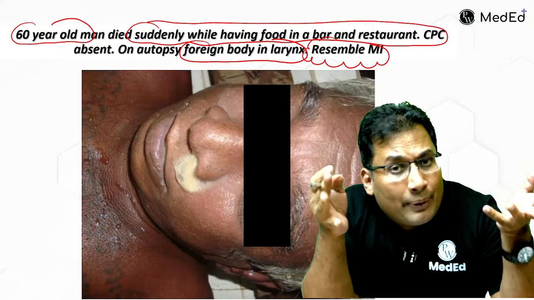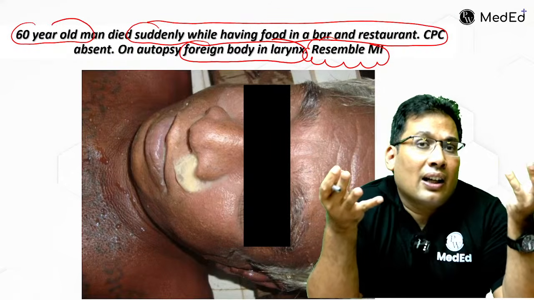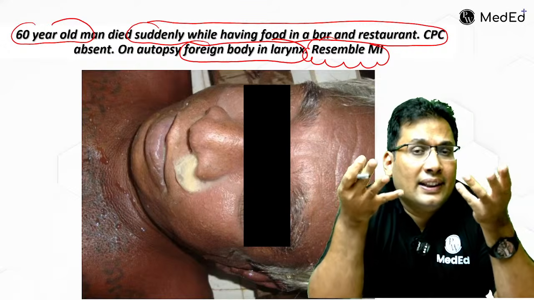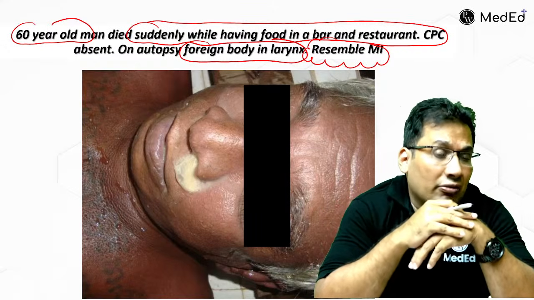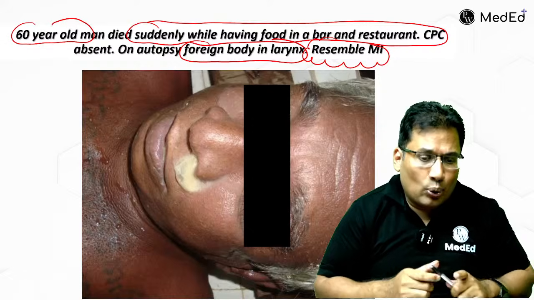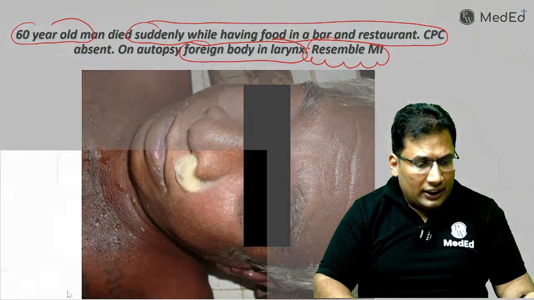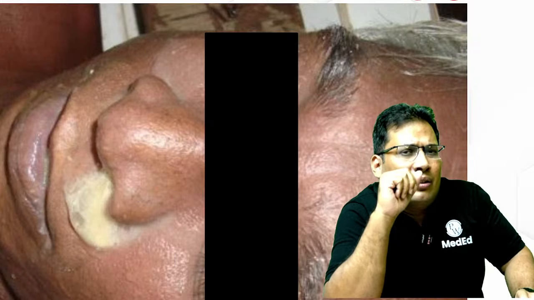It is known as coronary because it resembles a heart attack, coronary artery attack, that is myocardial infarction. Now look at this dead body here. I think here is the Shava Pariksha finding. In Shava Pariksha, you can see some froth, some mucus or some banana around the nostril, and the face is not congested.